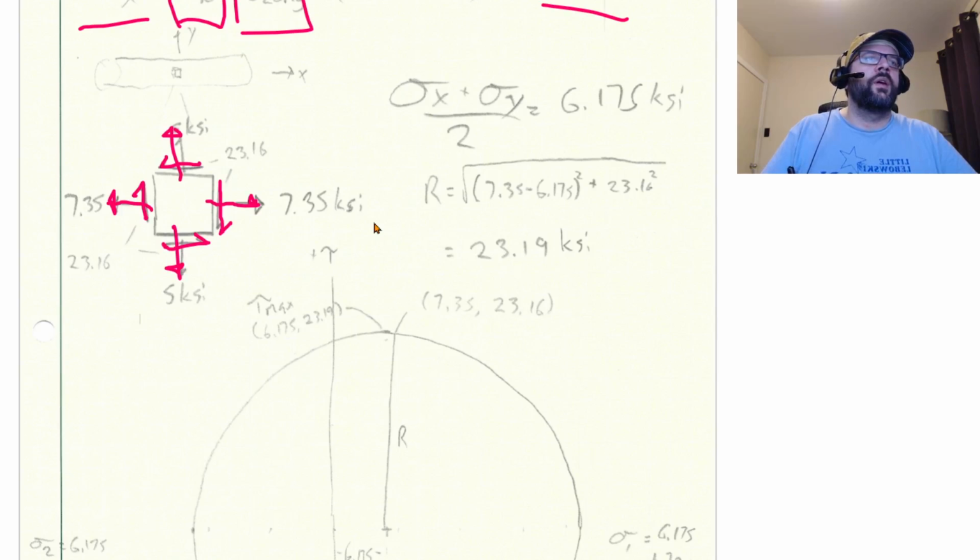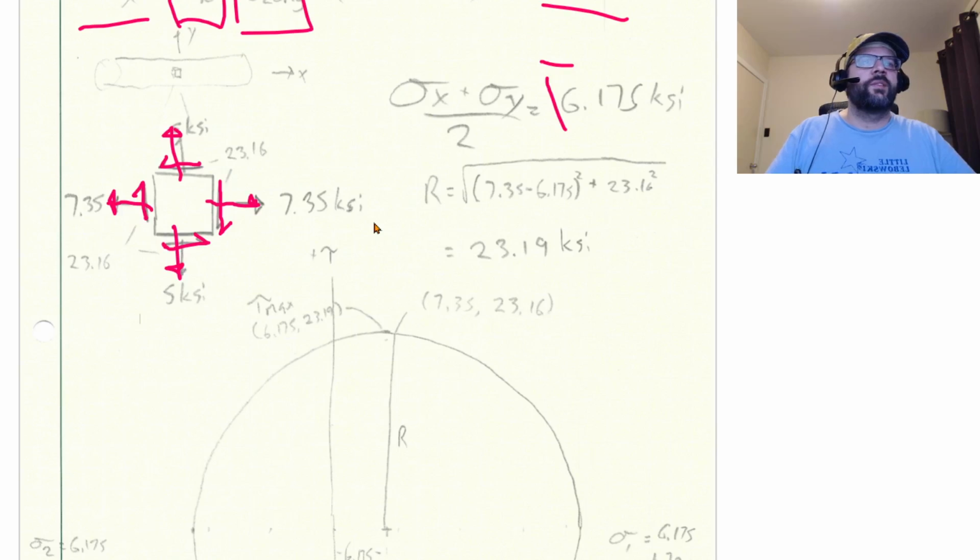So sigma X plus sigma Y divided by 2, so 5 plus 7.35 divided by 2, that gives us 6.175 KSI.